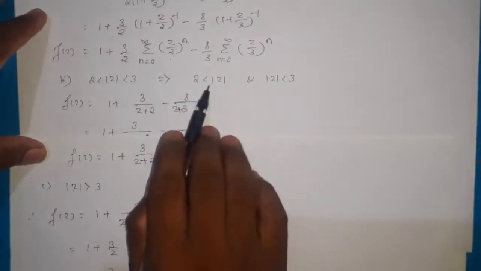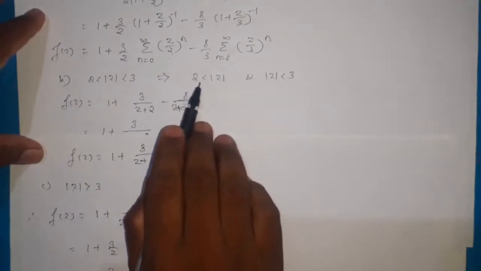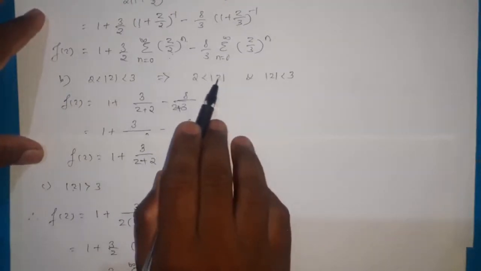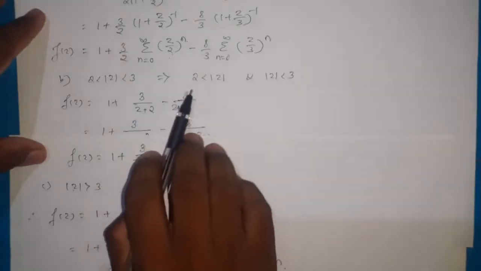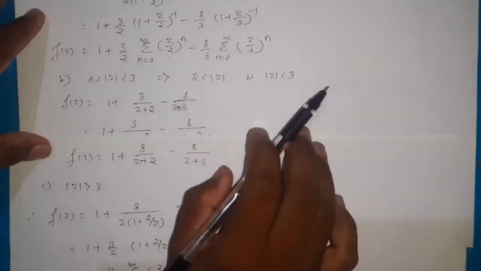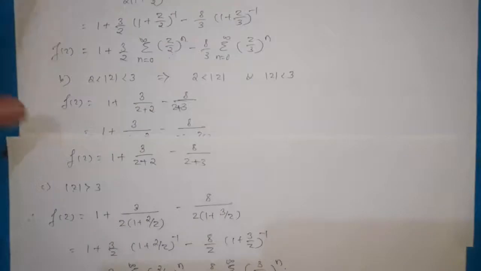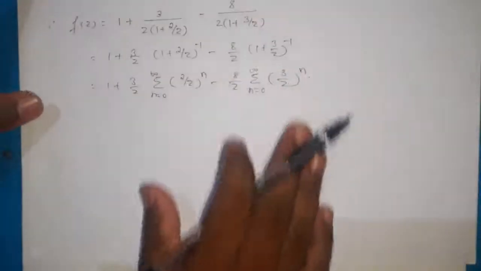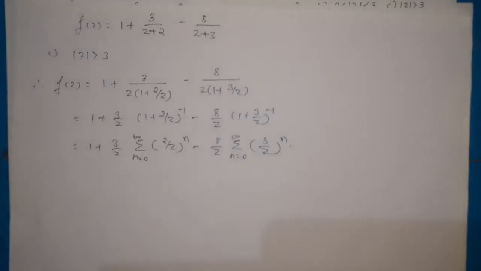In the first inequality z is greater, and that is only when 2 is less than mod z. So whenever 2 is present, in that case only we are taking z common, and in the remaining we need to take 3 common, that is the only important thing. So these are the expansions of the Taylor and Laurent series in the corresponding regions.